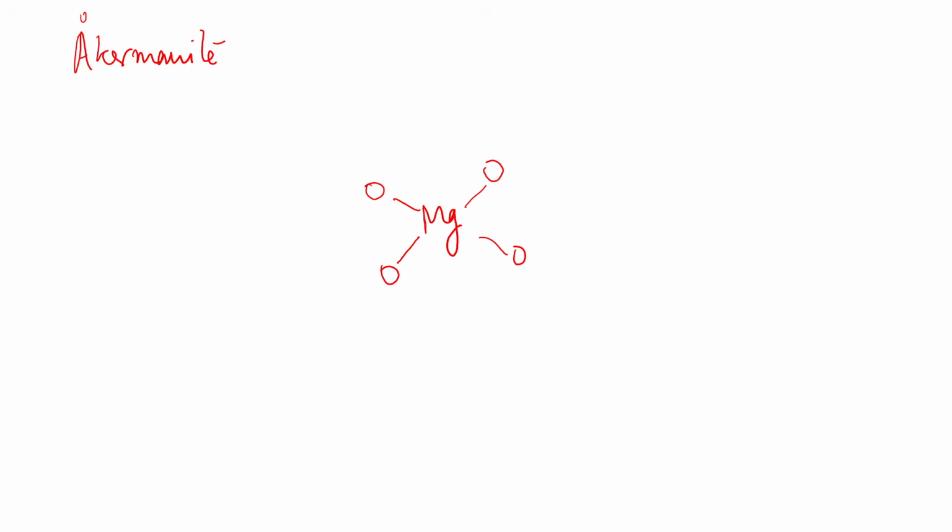Then, as I said, each of these four oxygen atoms is linked to an adjacent silica tetrahedra. So this is Si, O here, O here. And one more oxygen, which I'll draw in green color, is attached to the apex of that silica tetrahedra. So this is one oxygen linked to the silica tetrahedra, another oxygen linked to the silica tetrahedra.